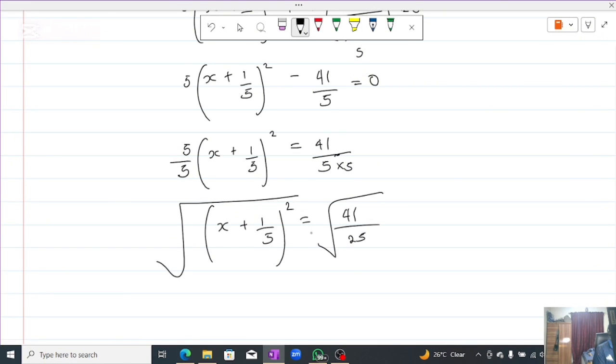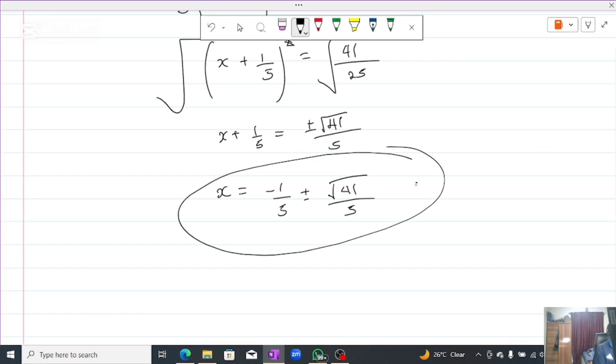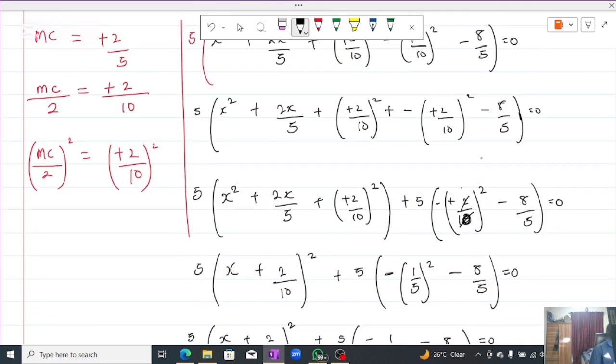Square root both sides, I have x + 1/5 = ± √41/5, and then you have x = -1/5 ± √41/5, and that is how to do that.